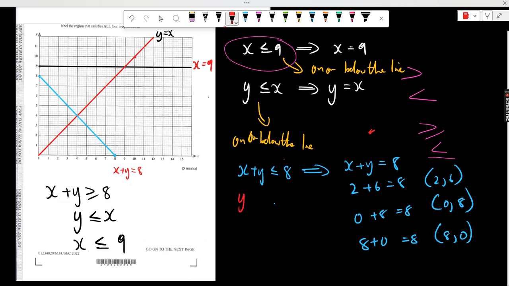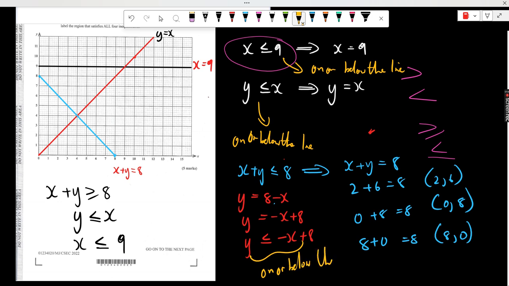We can say that y is equal to 8 minus x, so y is equal to minus x plus 8. And what we're interested in is y less than or equal to minus x plus 8, which is the same thing as x plus y less than or equal to 8. Having written it like this, we see that we're interested in on or below the line.